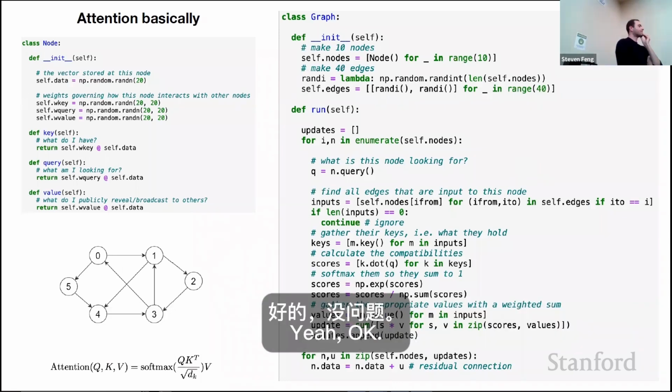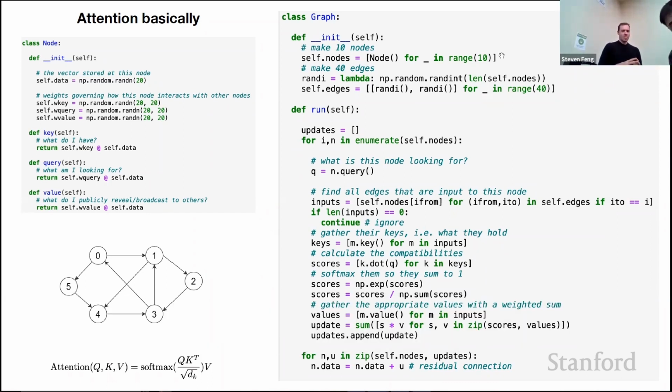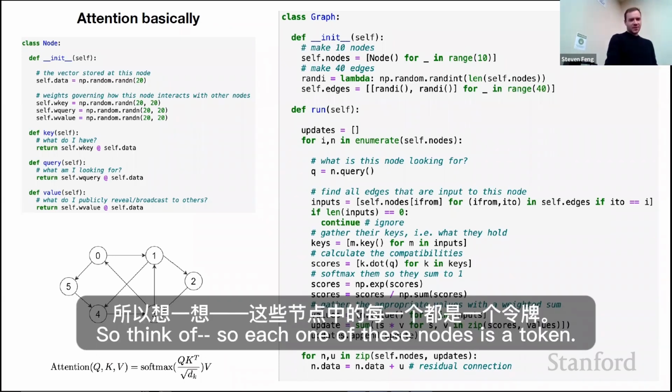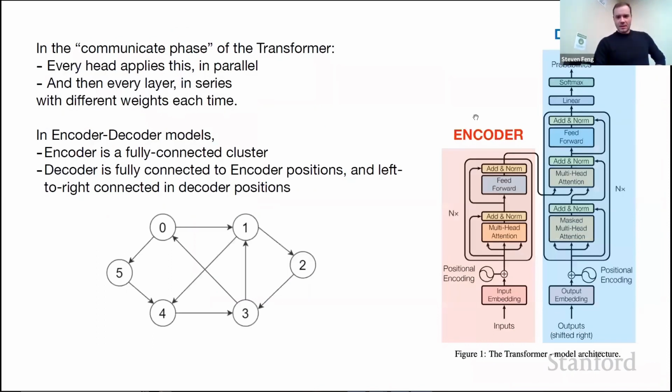Question. Okay. So the two questions. Well, the first question is: in the message passing graph paradigm, what were the layers that were put together? So yeah, think of each one of these nodes as a token.